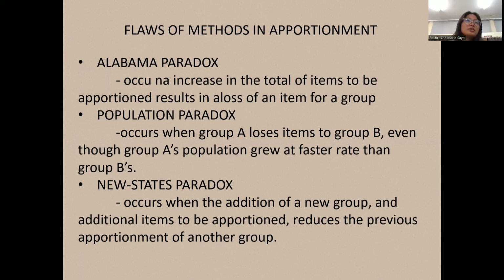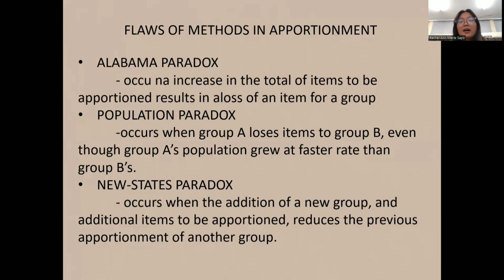Again, we have three different types of flaws in apportionment under Hamilton's method. And please take note, there are five ways of solving apportionment. First, we have Hamilton. Next we have Jefferson, and then Webster.